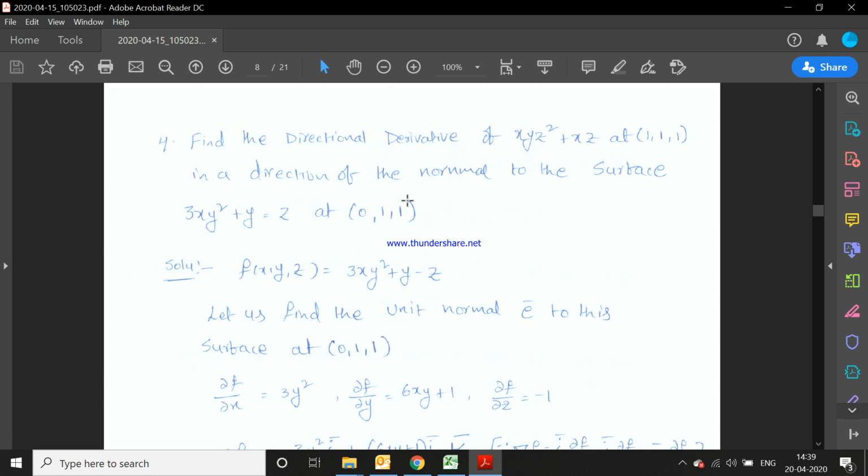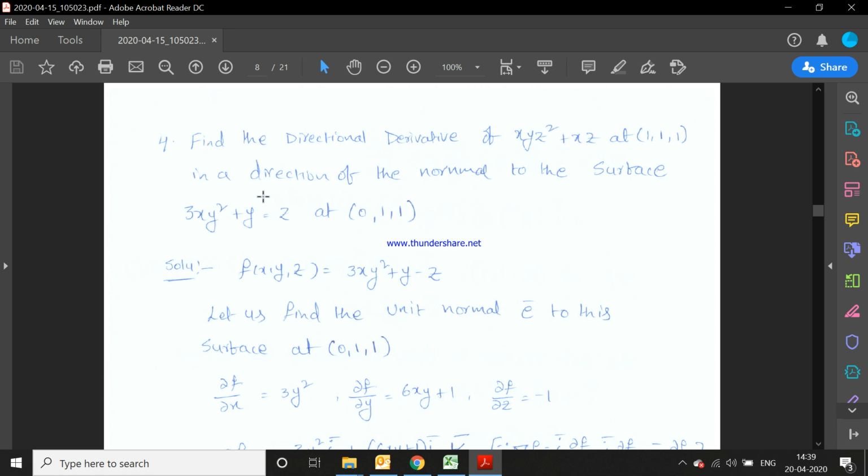That's why first you have to find the normal to this surface, because we need the directional derivative of xyz square plus xz at (1, 1, 1) in the direction of the normal to the surface 3xy square plus y equal to z.